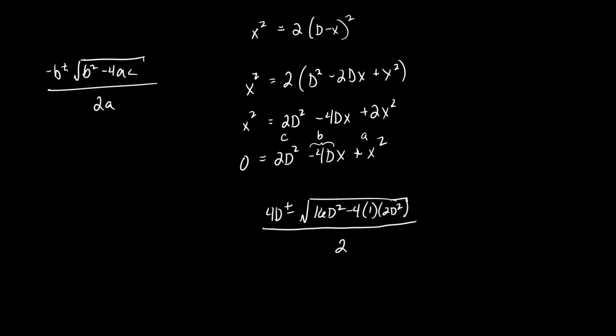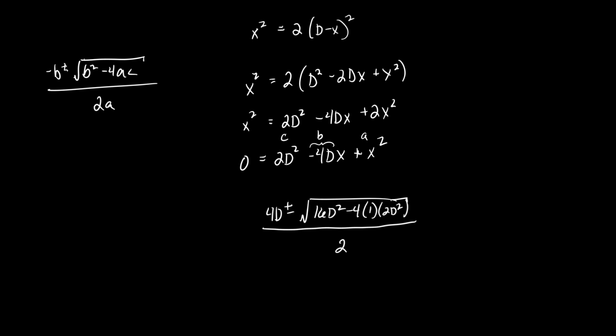Since all of this is symbolic, because it's all in terms of d, algebra mistakes tend to show up right here. These 2 terms under the radical have to be in the same term. They have to be able to be added together, which means they had to have a d squared term for both of them so they could be summed. If they didn't, then you made a mathematical mistake and you need to go back. But this one we can just add these together, so that's going to be 16 minus 8, so 8.